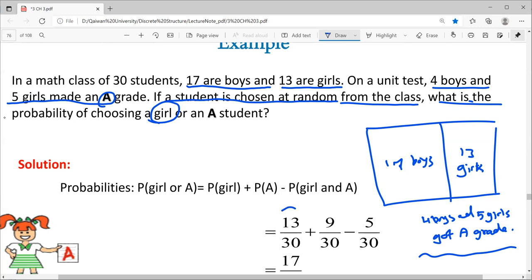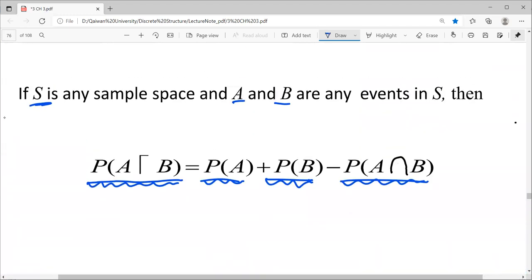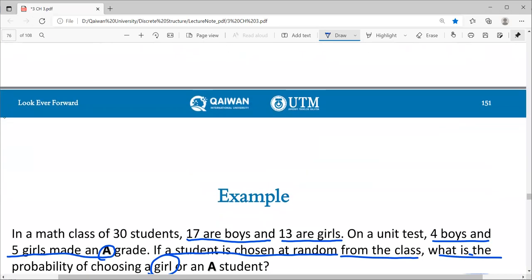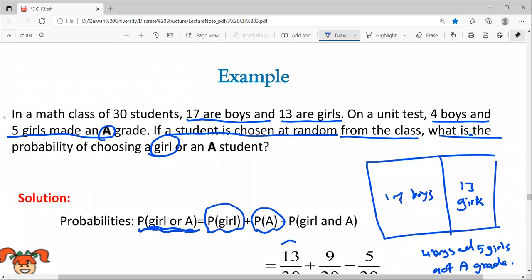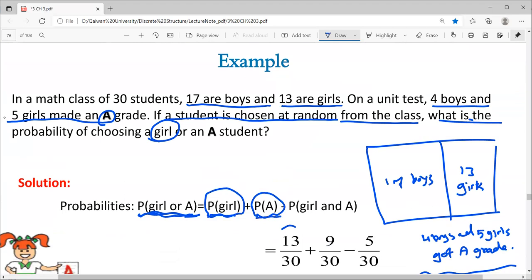The probability of girl or A is the probability of girl plus the probability of A. As we said before, we say probability A or B. Here we have 2 events, girl or A. We say probability of girl plus probability of A minus the probability of girl and A, the intersection of girl and those who got an A grade.